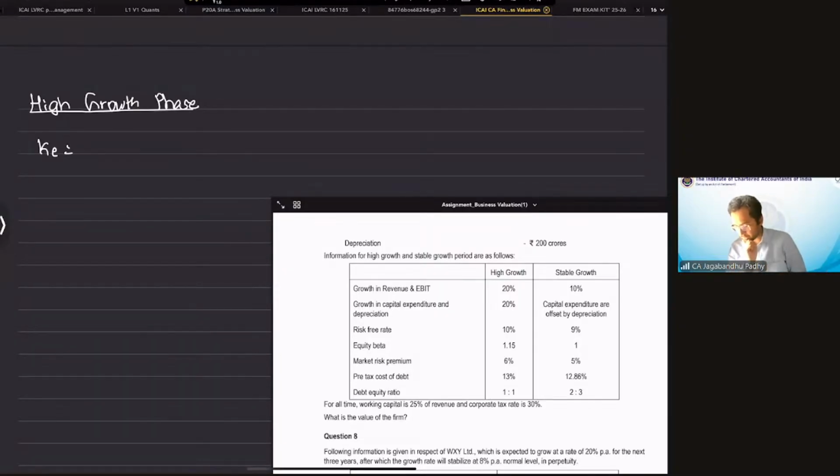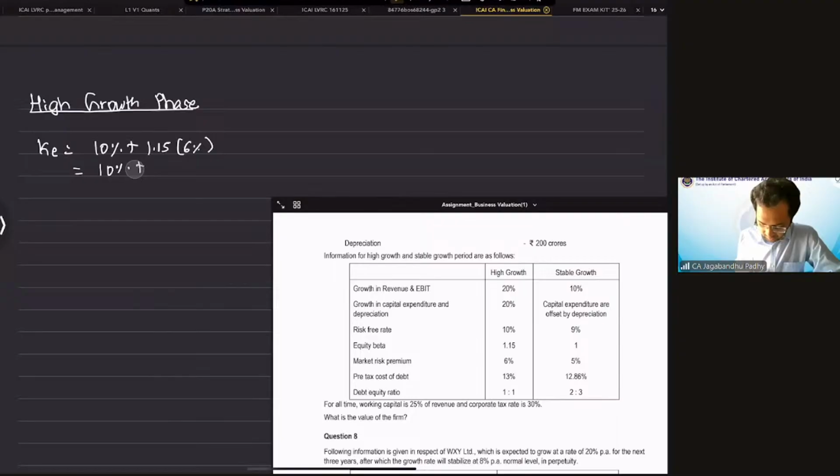The equity beta is 1.15. So we have a risk-free rate of 10% plus equity beta of 1.15 into market risk premium of 6%. So this is going to be 10% plus 1.15 into 6%.